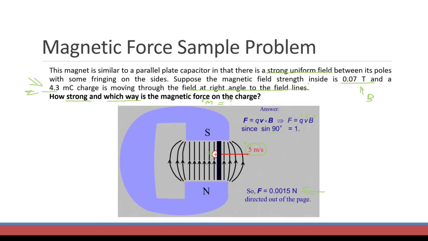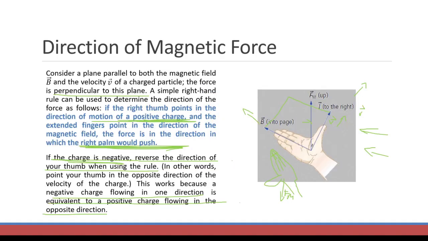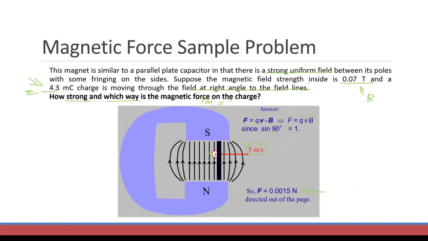And so if we use our right hand and put our fingers in the direction of these field lines, and then put our thumb in the direction of this direction, we get a hand like this.